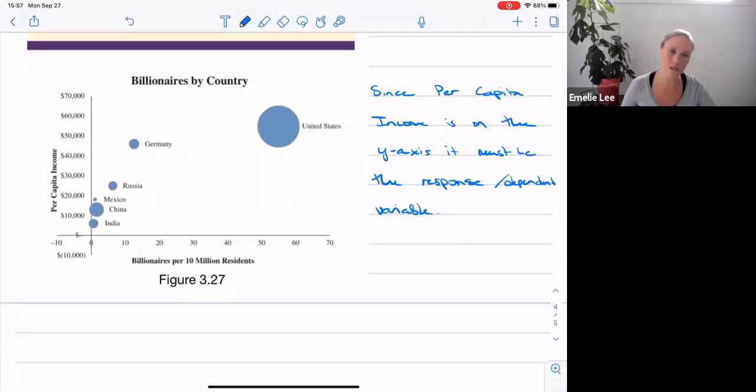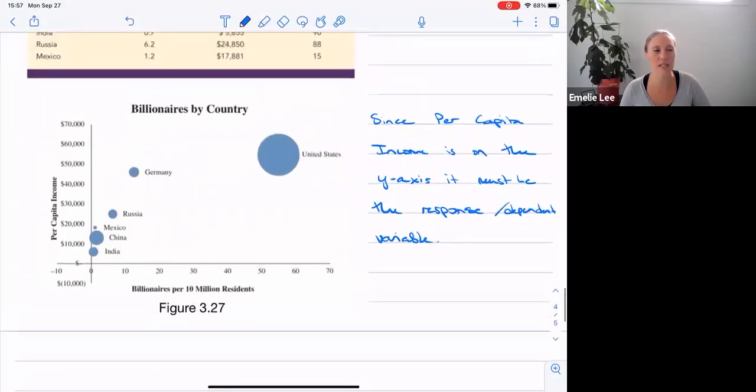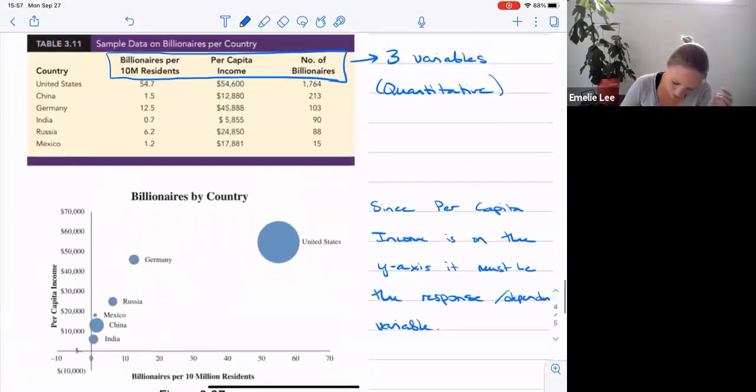So it doesn't really matter what the question was here. We're looking at billionaires. How do they compare both in density, but also how many, right? And what's the third? Oh yeah, the number of billionaires. Okay.